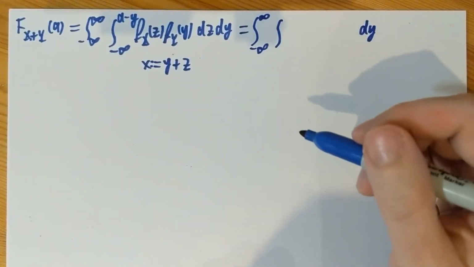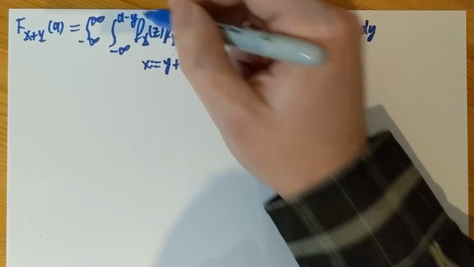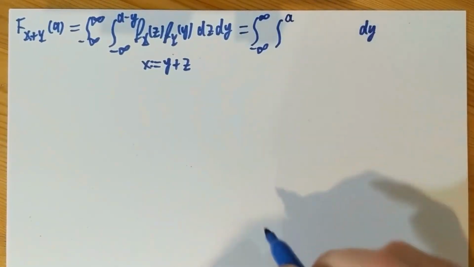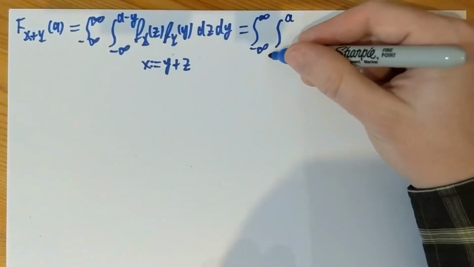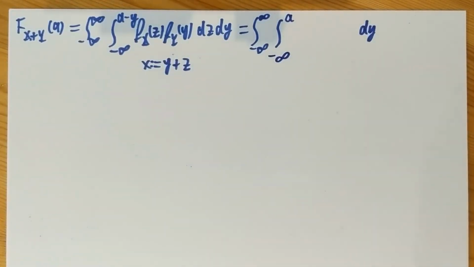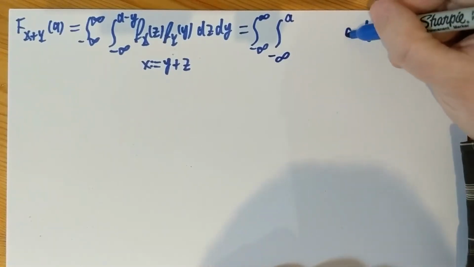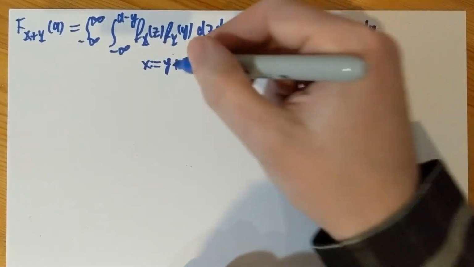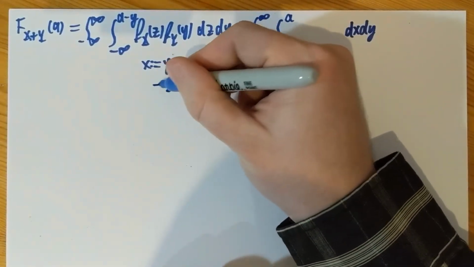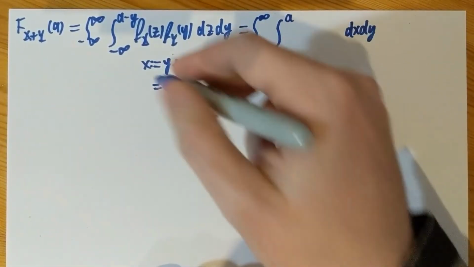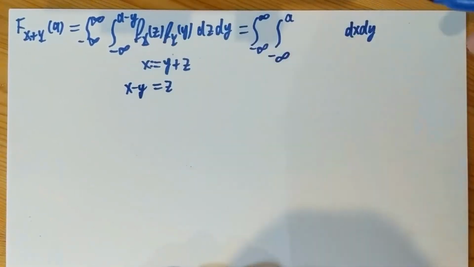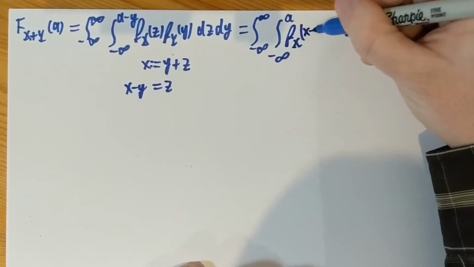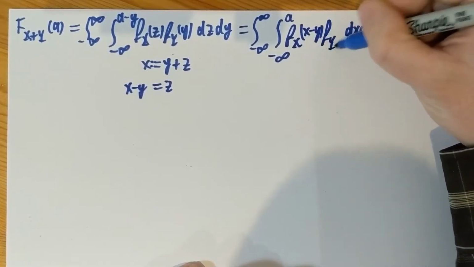Now, if z was a minus y before, then y plus a minus y is going to be a. And if z was negative infinity before, then x is going to be negative infinity. So my new integration will go from negative infinity to a. And if I rearrange this for z, it's going to be x minus y. So I'm integrating f of x at x minus y and f of y at y.